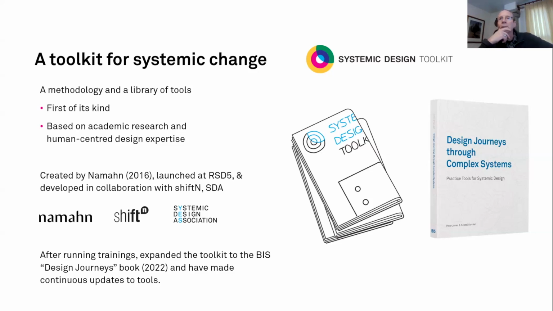The ones that are in the book were fairly stable, but we updated Design Journeys about a year in, with maybe 20% of the book, including some corrections and updates to cases, and editing the text, but there are no new tools in the book. There is a free download, and we usually put a link to that. The Systemic Design Toolkit is available for download for people who haven't seen it at systemicdesigntoolkit.org.